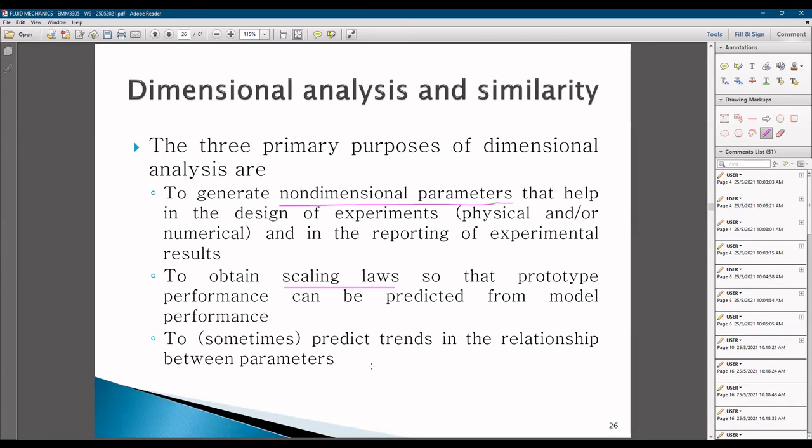Okay, how does it actually perform, or how does it relate between certain parameters? Sometimes, for example, if you look into the relationship of velocity of a fluid inside a pipe, where at a certain point the velocity is high and at another point the velocity is low.